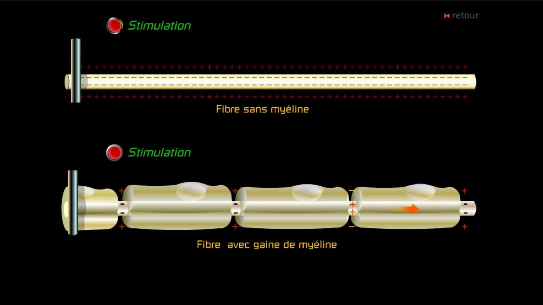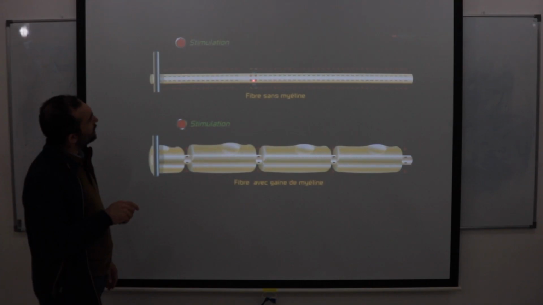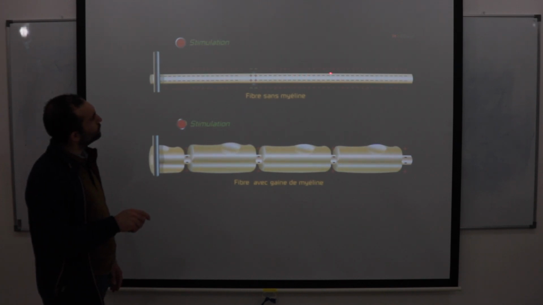And the inversion of the charges leads to the inversion of the charges in the next point, just next near to it, in the non-myelinated fiber. This leads the action potential to pass point by point. And since it passes point by point, it will be very slow.